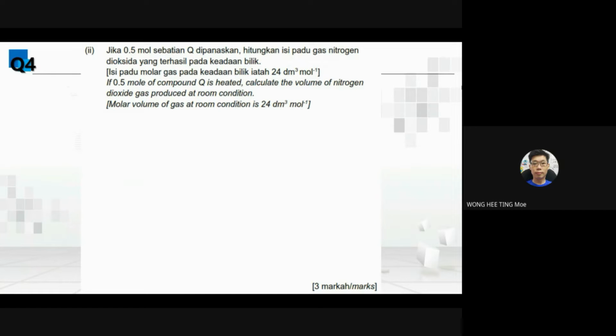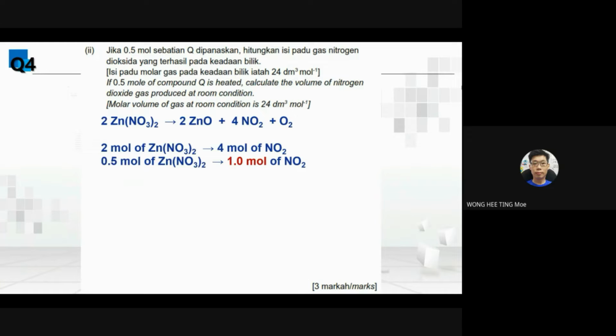Okay, so now check that. I just want to show it to you here. First we calculate the number of moles. The moles are already given to you. So we do the mole comparison, 2 to 4. If 0.5, meaning that the nitrogen dioxide will double, we get 1.0.